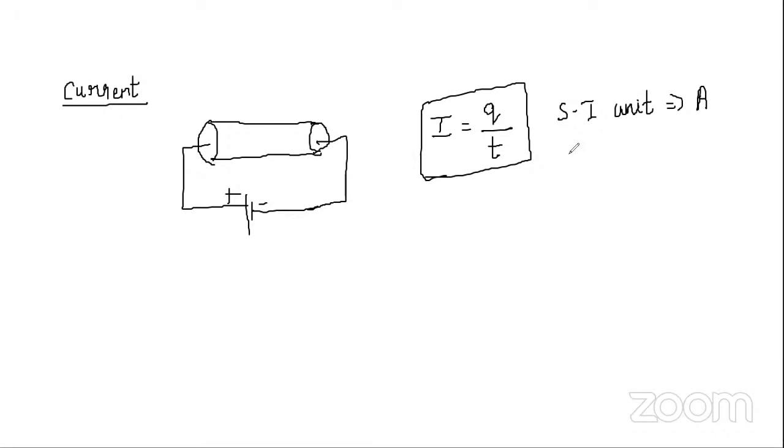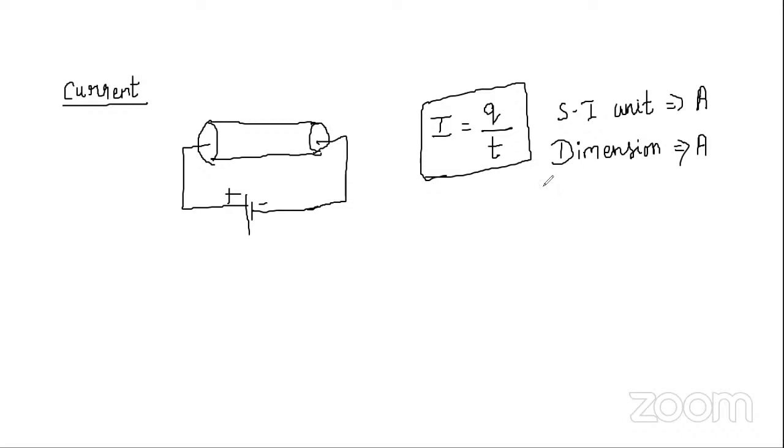So this is the basic idea of electric current, and the dimension of electric current is also A. These dimensions are very important. Whenever you solve numerical problems related to units and dimensions, you need a good knowledge of the dimensions of the fundamental quantities, at least. Only then will you be able to solve numerical problems related to units and dimensions. So this is a short introduction about electric current.